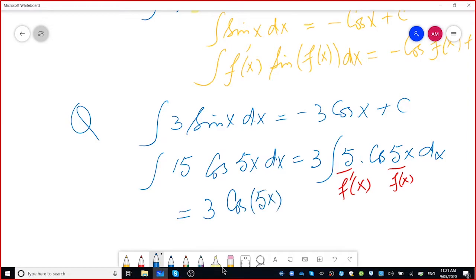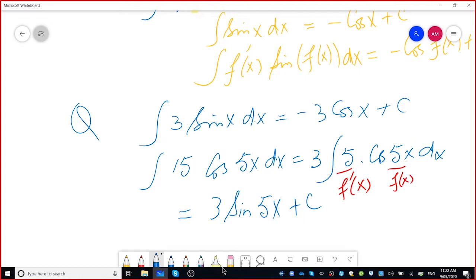Sorry, not cos, rather sine. So this thing comes out to be 3, and this thing is sine 5x plus c.